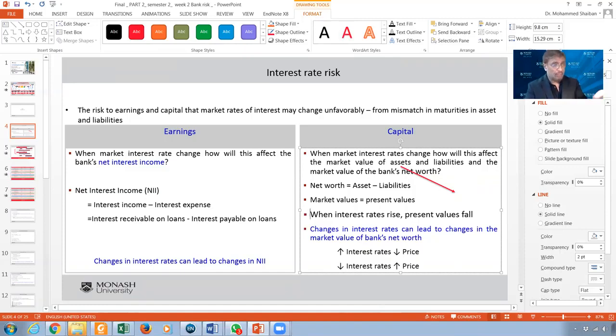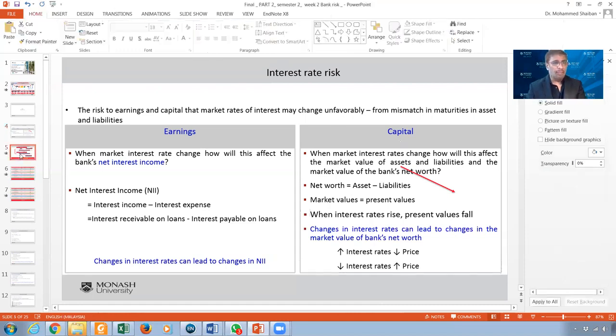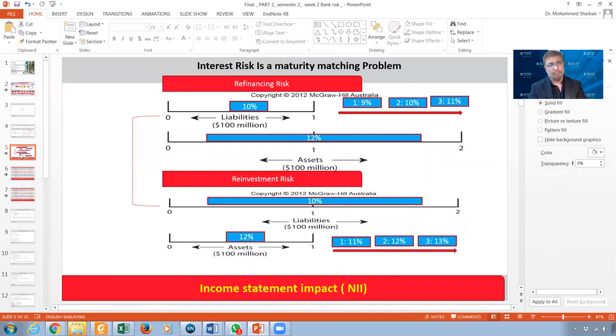But if there is no matching, this will impact my net worth, because the increase in the interest rate drops the market value of the assets and liabilities together. If my assets are higher than my liabilities, I will end up losing in my equity. Okay, this is the whole thing. Now, let's go a little bit deeper.